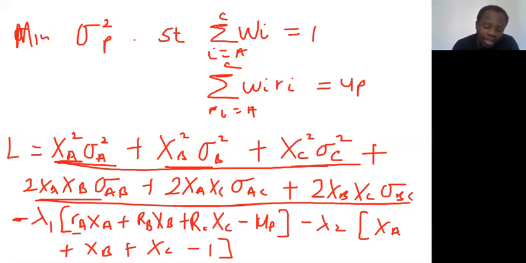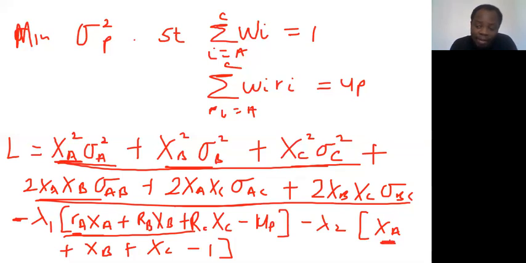Now, when you come to this part, I have R_A x_A lambda 1. So when I differentiate R_A x_A, I'm going to have R_A, but there's a minus, so it is minus R_A lambda 1. Now, when I come here, also x_A here, right? When I differentiate this with respect to x_A, this expression is going to give me 1.